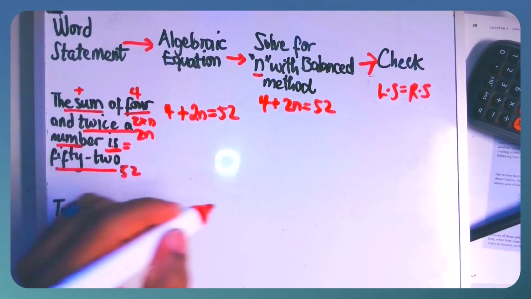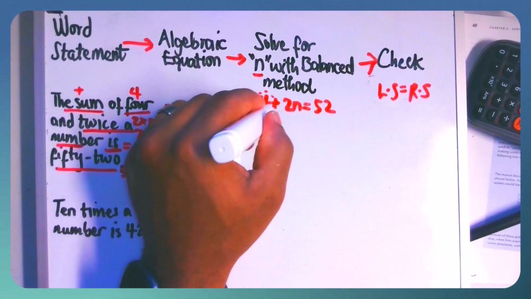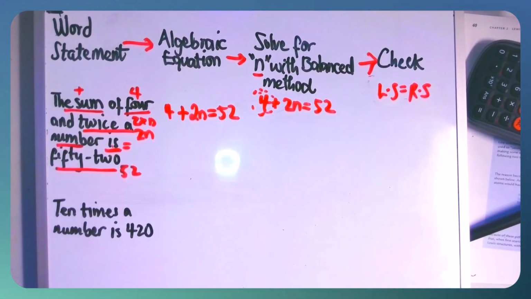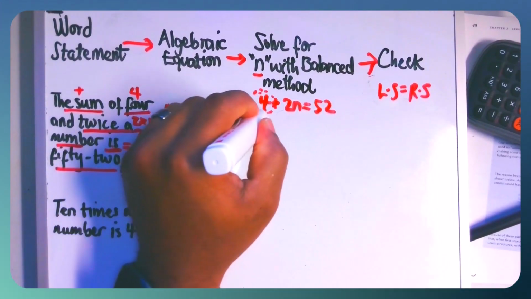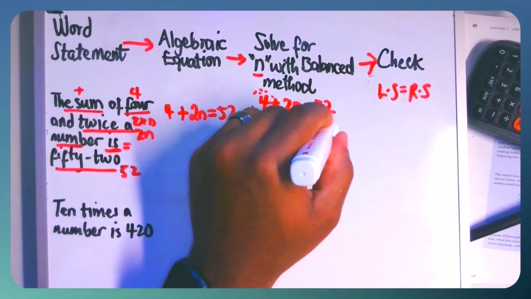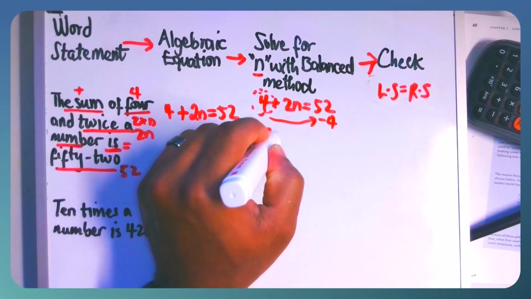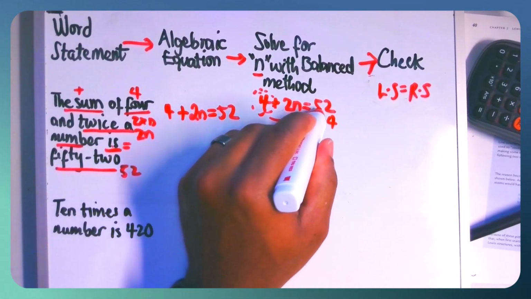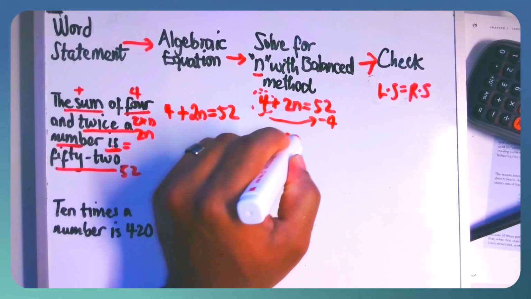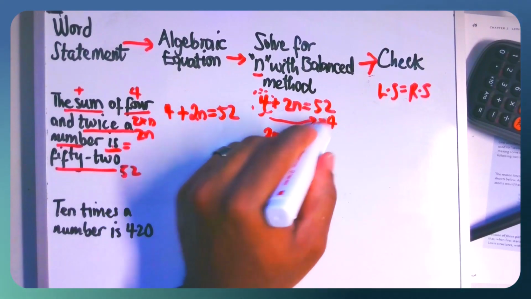And so here is our first step, which is recognize the addition sign here, that is 4, and moving it over to the other side, we're going to be subtracting 4 from both sides. Therefore, we're going to have 2n on the left side. On the right side, we're going to have 52 minus 4, which gives us what? 48.